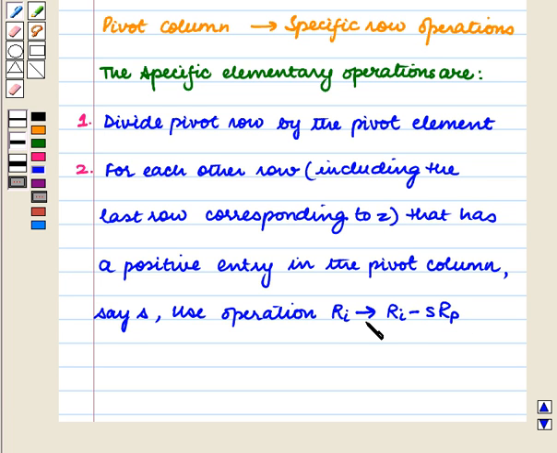That is, the ith row goes to the ith row minus S times the pth row, where Rp is the pth row, the new pivot row obtained by dividing with the pivot element.